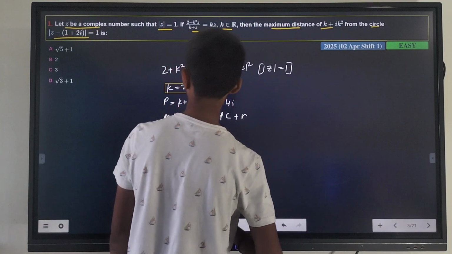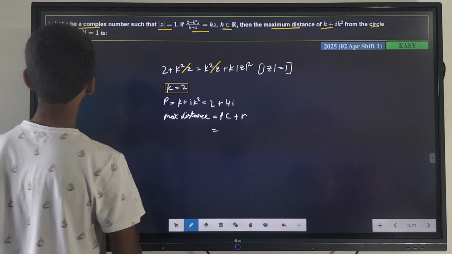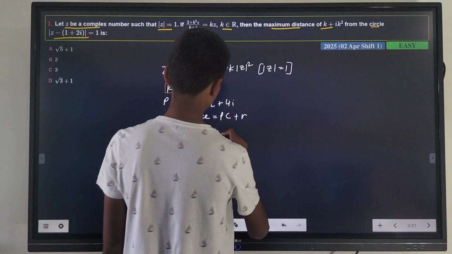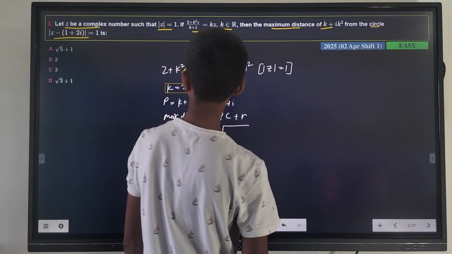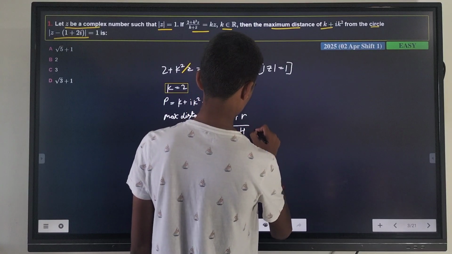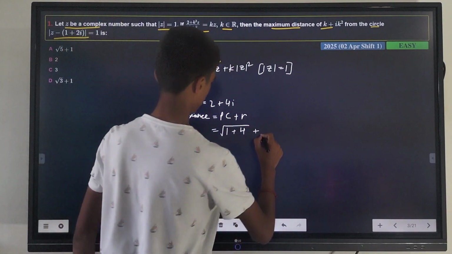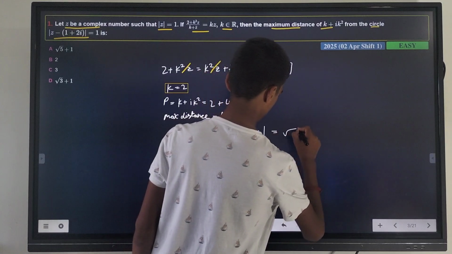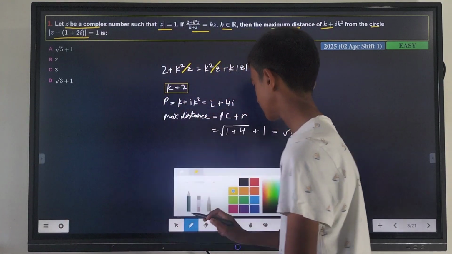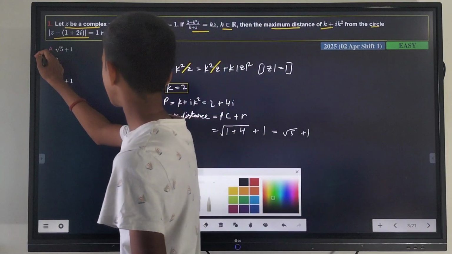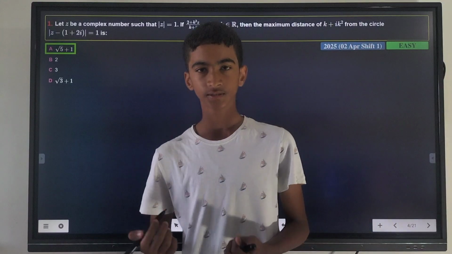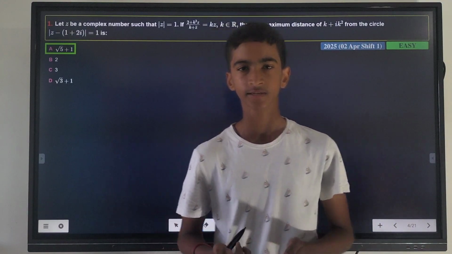So this is equal to, our point P is (2, 4), center is 1 plus 2 iota, so this will be under root of 1 plus 4, plus our radius is 1. So this is equal to root 5 plus 1. So our answer will be option A. And here is our solution, and we can see that our answer is correct.